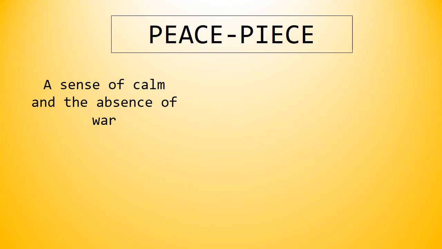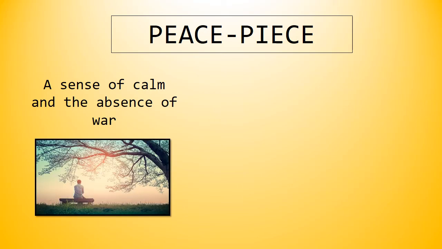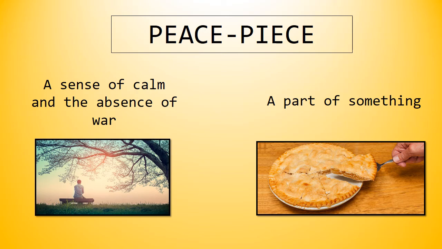Children, you must have heard that there are world organizations that strive to establish world peace, like the United Nations, UNESCO, United Nations Security Council, and so many others. PIECE means a part of something. We usually use this word in a sentence as: I want to have a piece of cake, or a piece of anything that you eat.